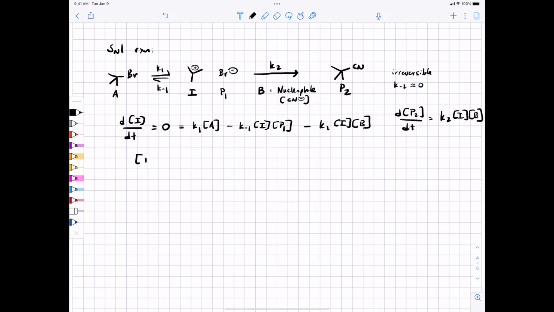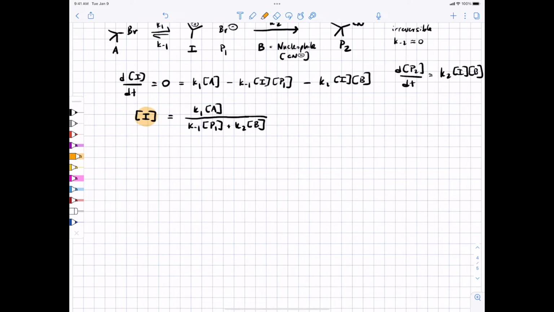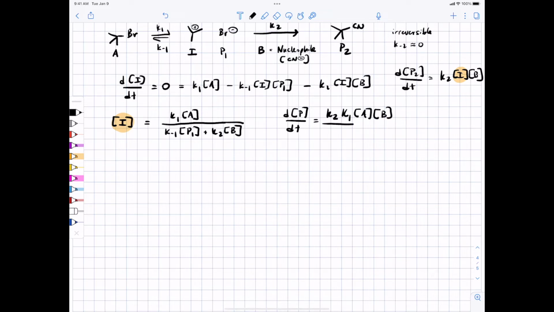We're going to separate terms, factor out I, and then divide both sides by the same quantity to get the following expression: k1 times A in the numerator, and in the denominator k-1 times product 1 plus k2 times B. And if we plug that into our rate law, we're going to see that dP/dt is equal to k2 times k1 times A times B divided by k-1 times P1 plus k2 times B.